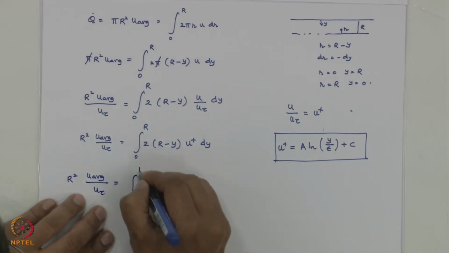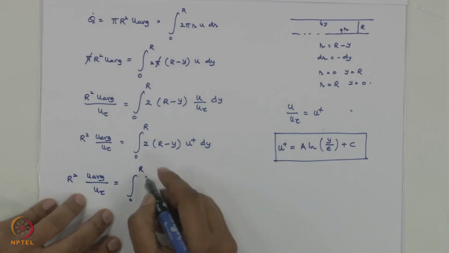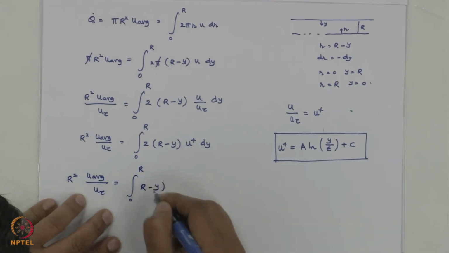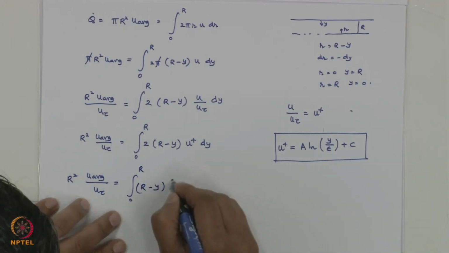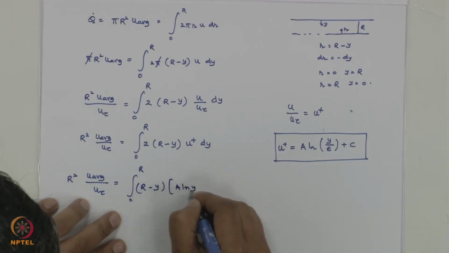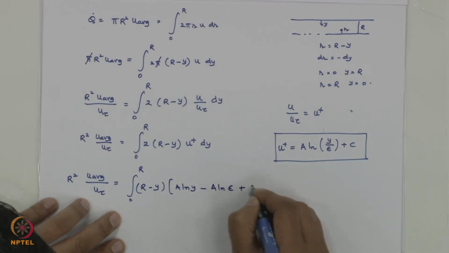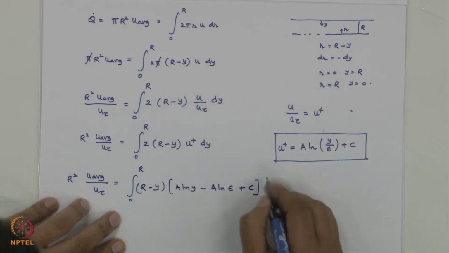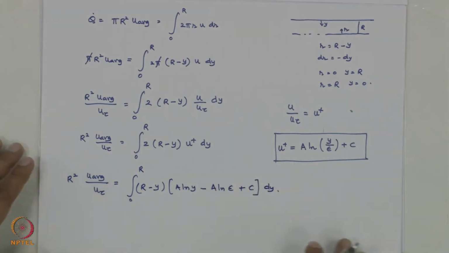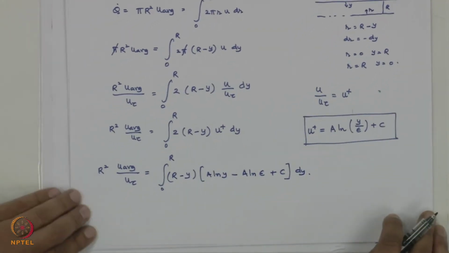integral 0 to R, 2 into R minus y, u plus is a log of y minus a log epsilon plus c, into dy. Now let me integrate this equation.